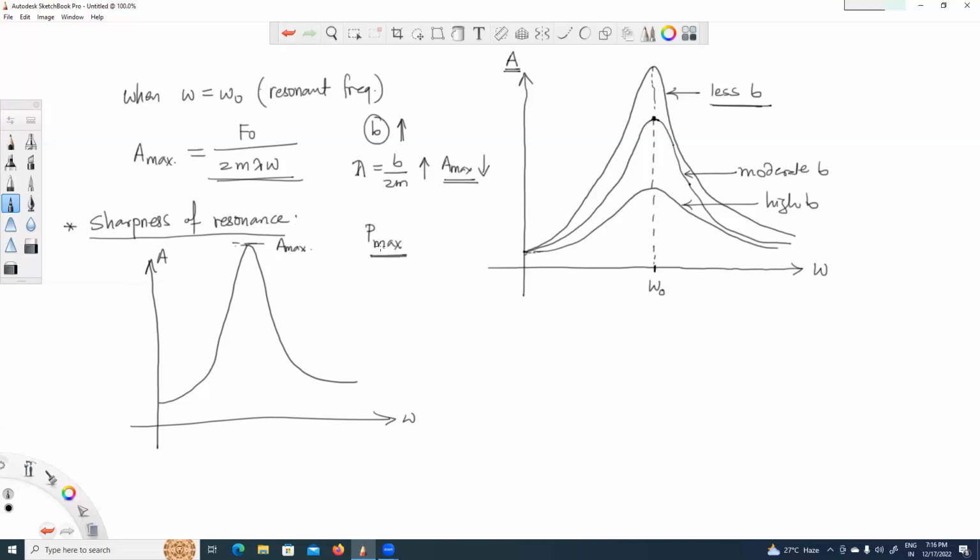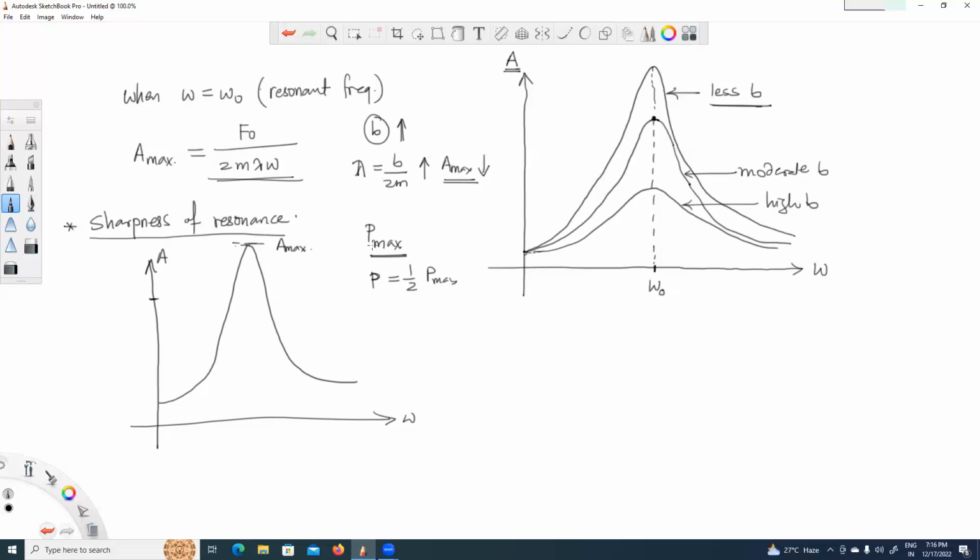This is the maximum power dissipation corresponding to the maximum amplitude achieved by the system at the resonant frequency. Now I'm going to consider the power which is half of the maximum power. It will be somewhere here. So there must be a certain amplitude corresponding to half of the maximum power.